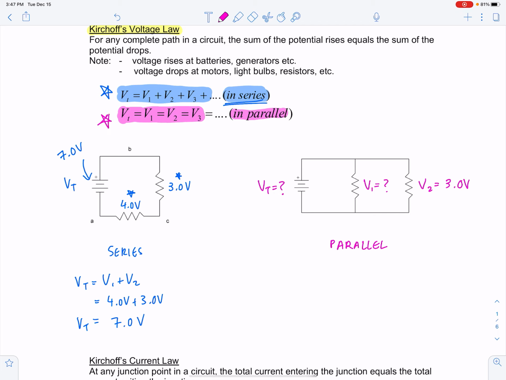If we look at Kirchhoff's law for parallel circuits, it says that the total voltage is equal to the voltage past item number 1 is equal to the voltage past item number 2 and the voltage past item number 3. So if you know the voltage anywhere, you know the voltage everywhere.